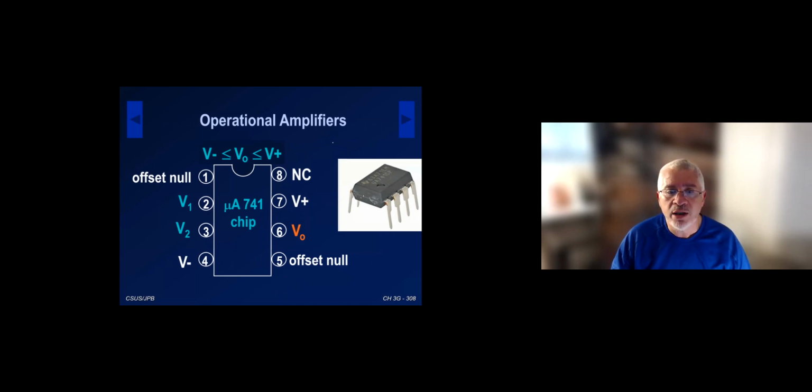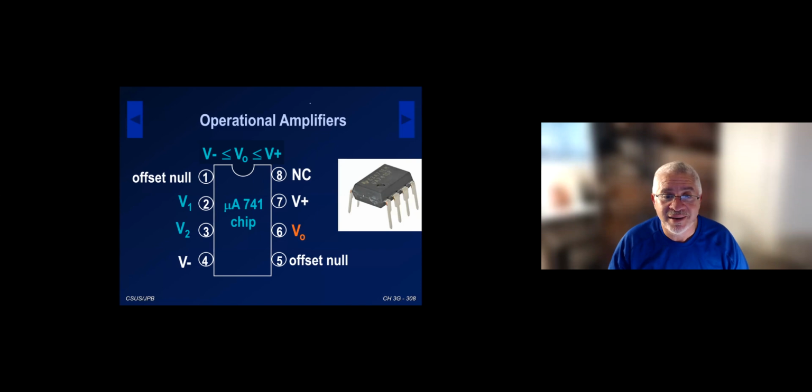So what we have here is the non-inverting input at V2, which is pin 3, the inverting input, pin 2 or V1, the output is pin 6, and then we have the biasing voltage V plus on pin 7 and V minus on pin 4. So that's the op-amp, and again, the output voltage must be constrained by the biasing voltage, the range of the power supply.